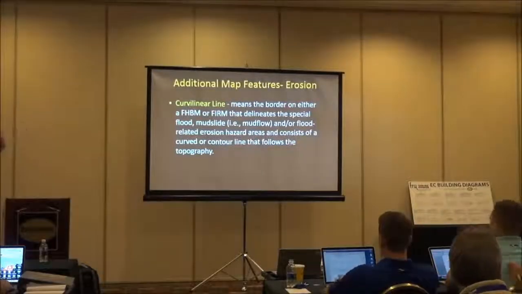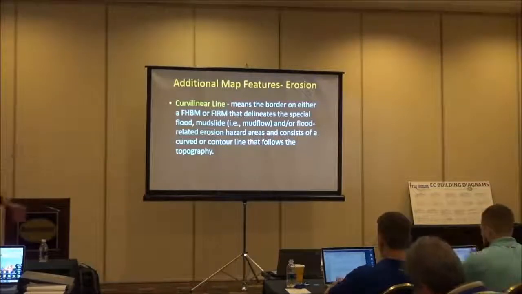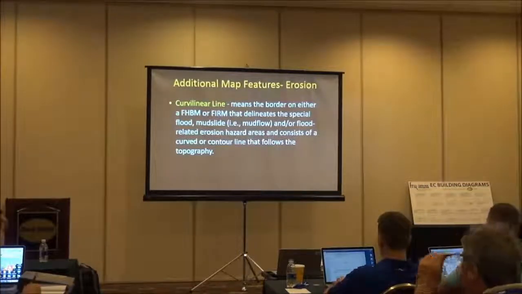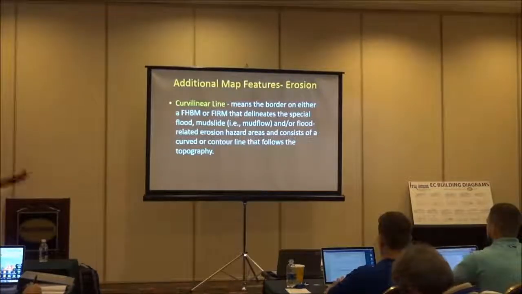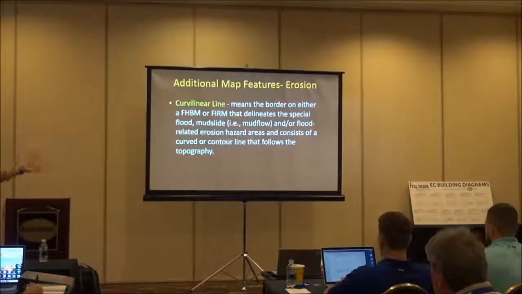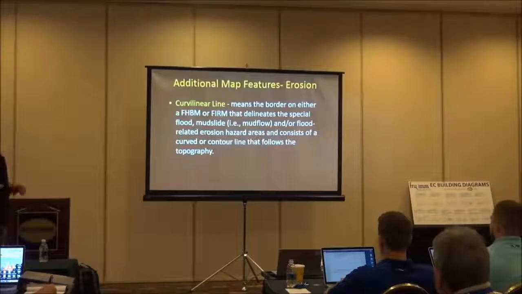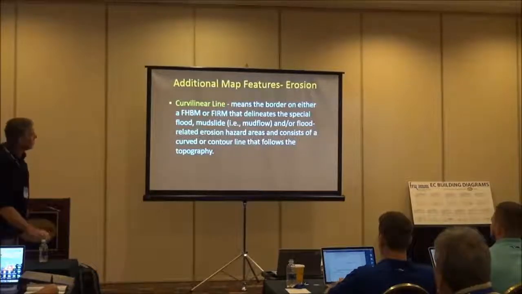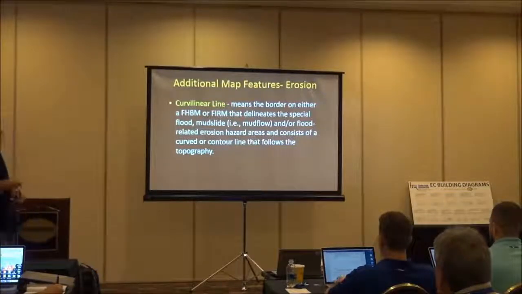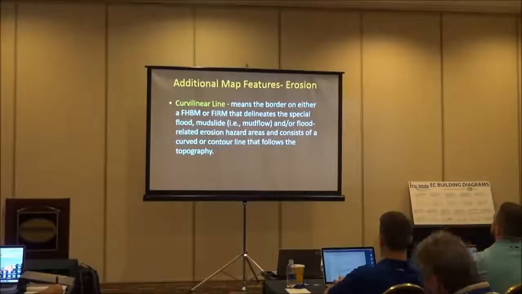An additional map feature, you don't see this a lot, but it can occur. The curvilinear line for erosion is the border on either a flood hazard boundary map, and we'll talk about those, or a flood insurance rate map that delineates the special flood, mudslide, mudflow, and or flood-related erosion hazard areas, and consists of a curve or contour line that follows the topography.